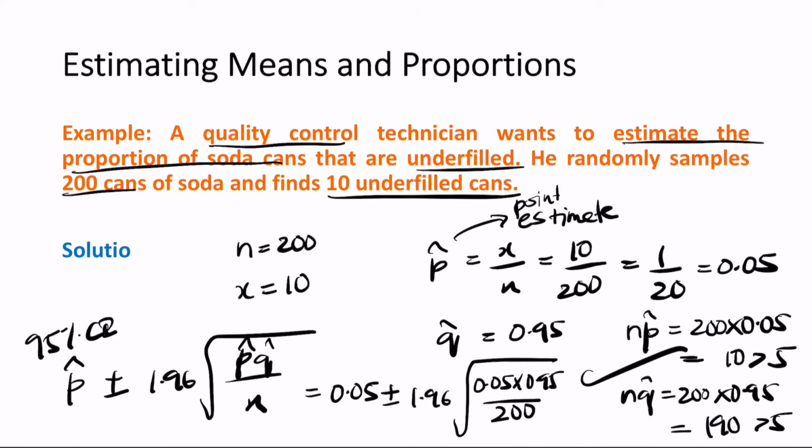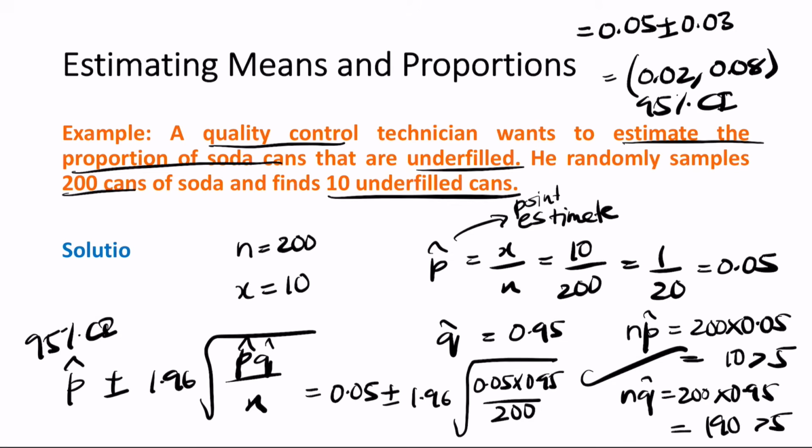Taking the square root of that value and multiplying by 1.96, the margin becomes 0.03. So you get an estimate of 0.02 to 0.08. So this is the 95% confidence interval for this problem.